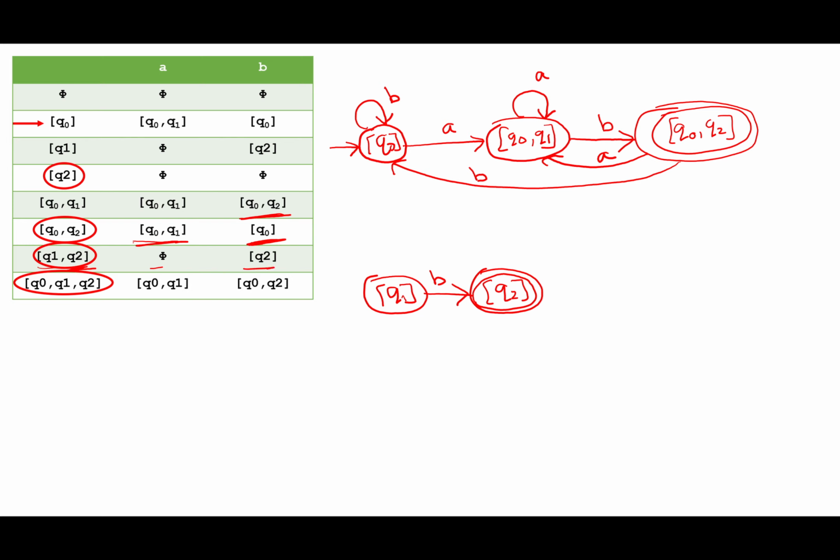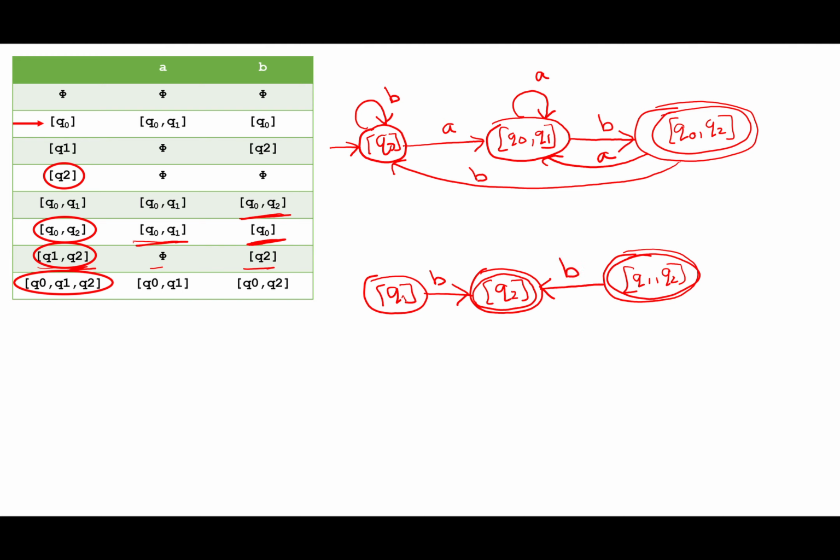Then Q1 comma Q2 has no existing state, so I'm taking the new state Q1 comma Q2. This is also a final state, so we have to represent it with the double circle. Q1 Q2 comma B is Q2.